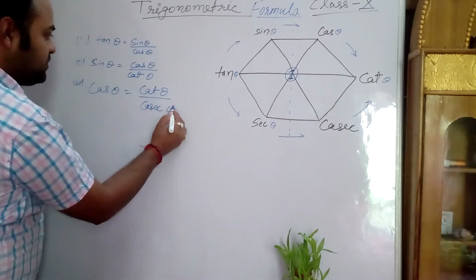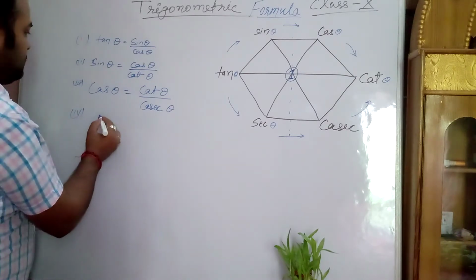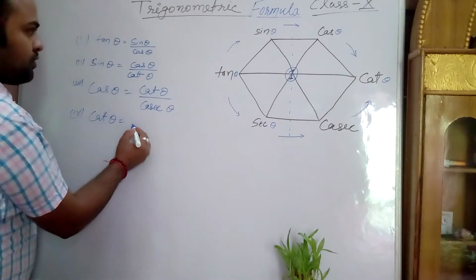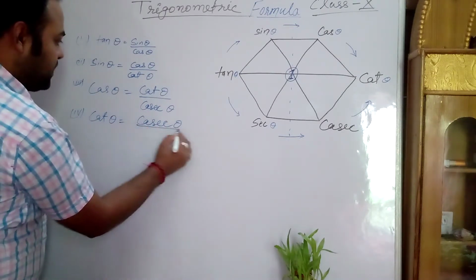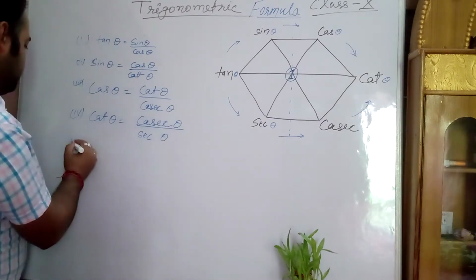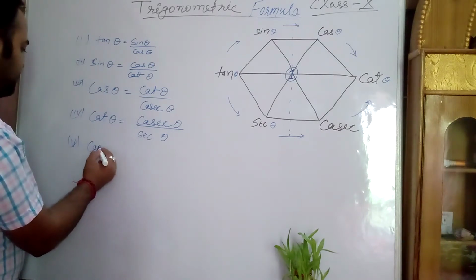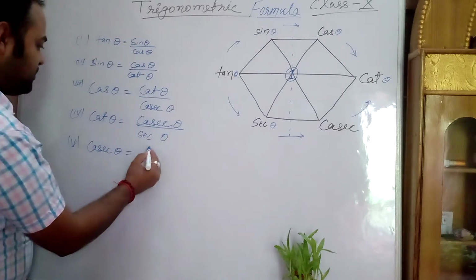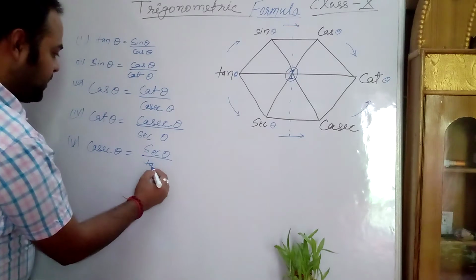Fourth, cot theta is equal to cosec theta by sec theta. Fifth, cosec theta is equal to sec theta by tan theta.